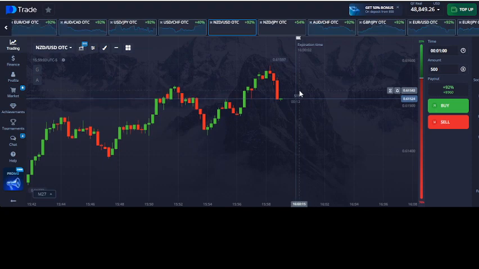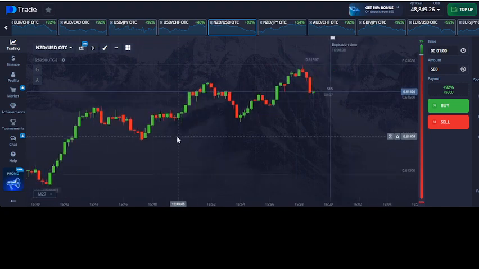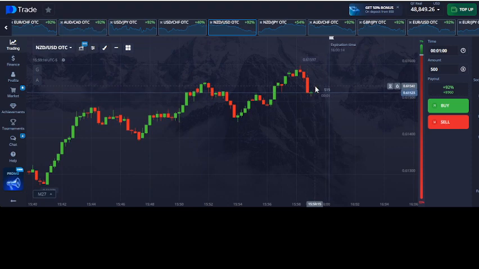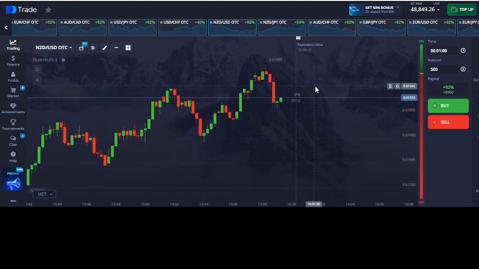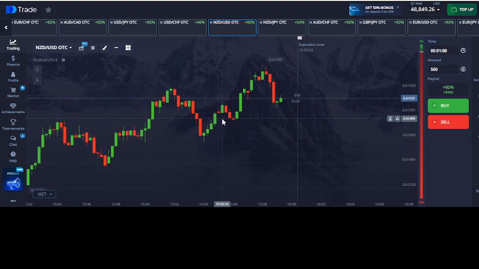Okay. We have a bullish trend going on here. This price is retracing back. Let's take a look and see if it might push further upward.